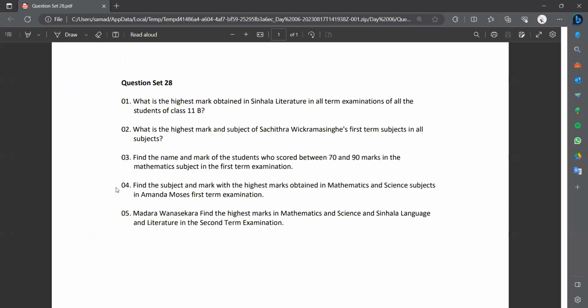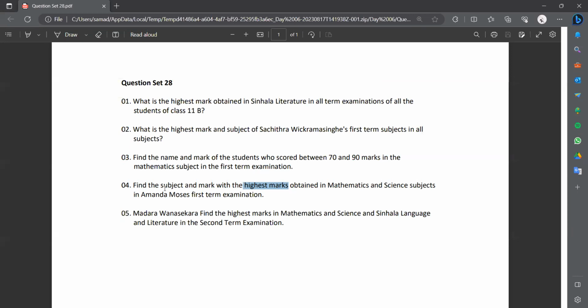And the fourth one: find the subject and mark obtained in the mathematics subject and science subject in Amanda Moses' first term examination. We don't need the highest mark one.